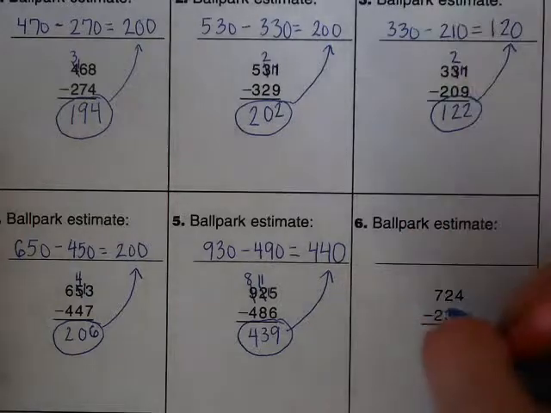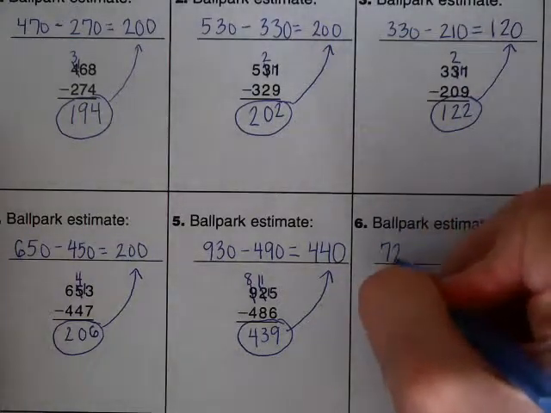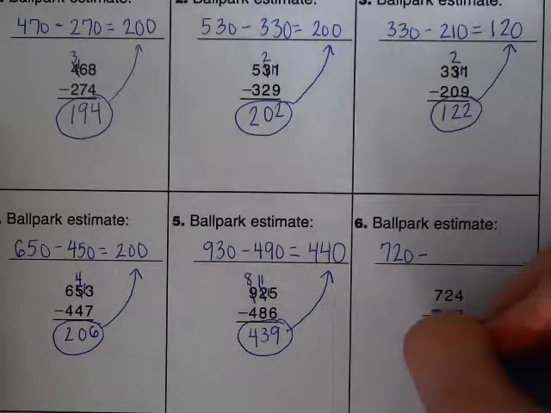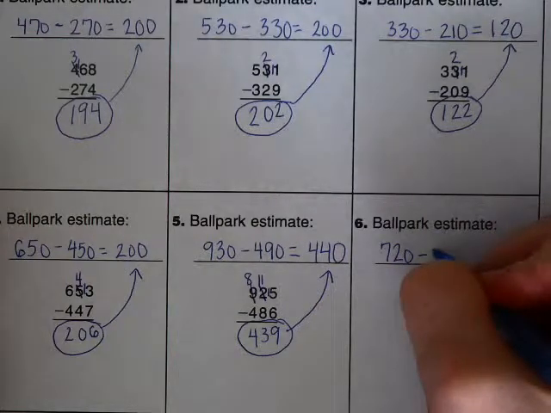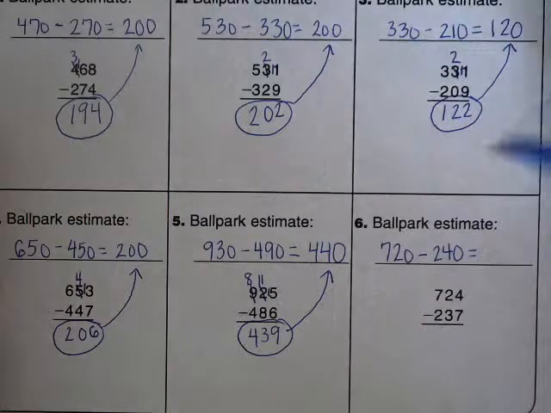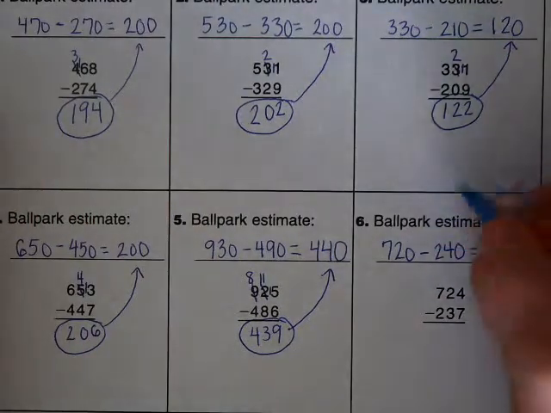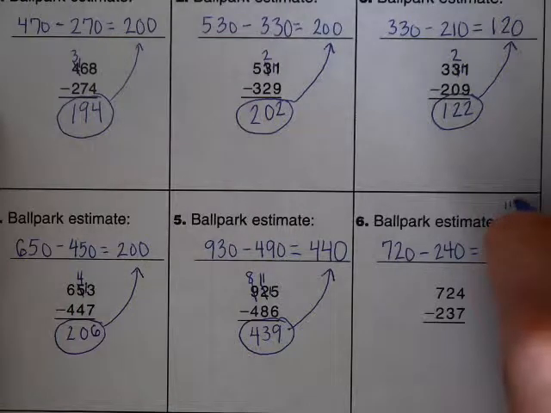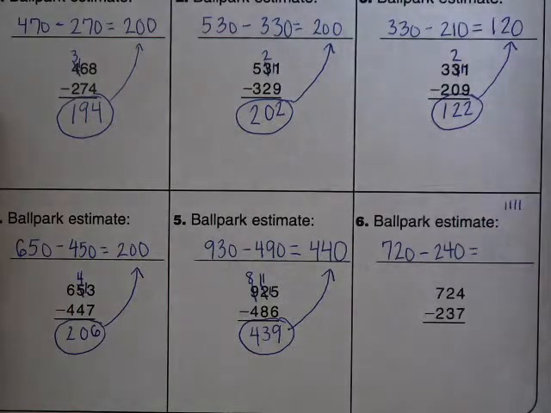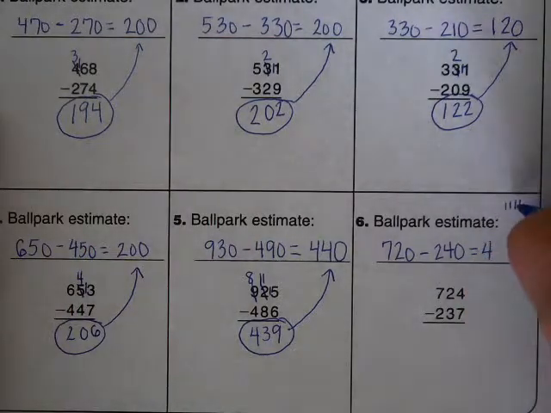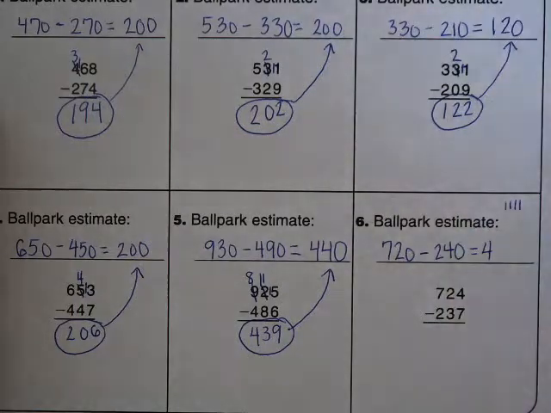Alright, next. 724, we're going to round down to 720. Minus 237, we're going to round up to 240. Okay, and again, this is a good one to count up by hundreds. So 240, 340, 440, 540, 640, that's 4 hundreds. We can't go up any more than that with hundreds, or we'll be at 740, that's too much.